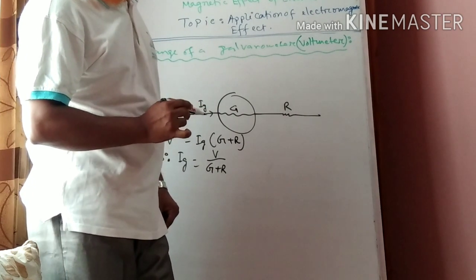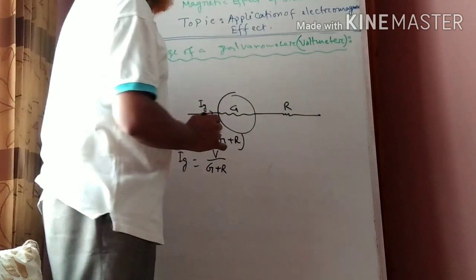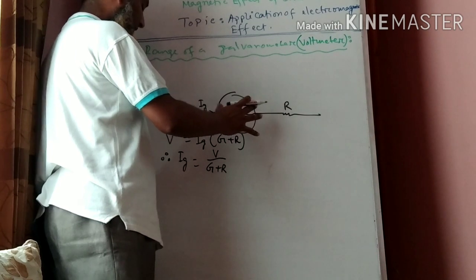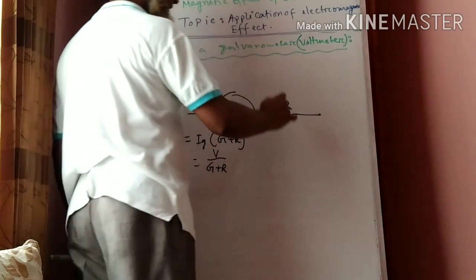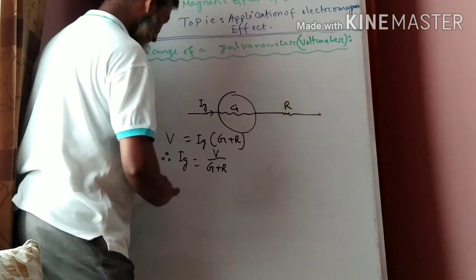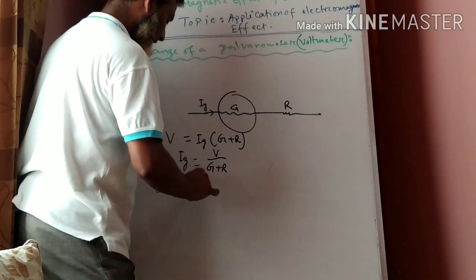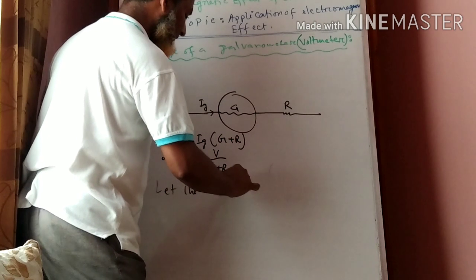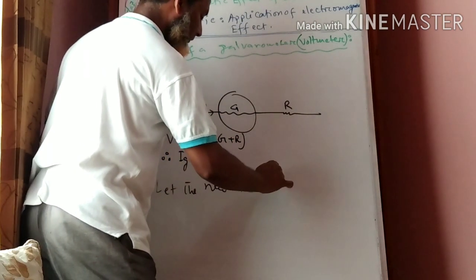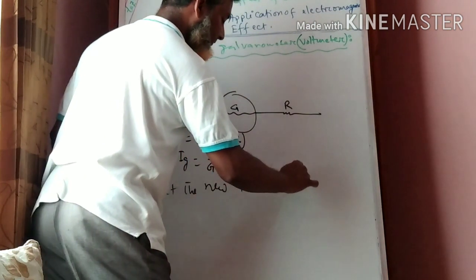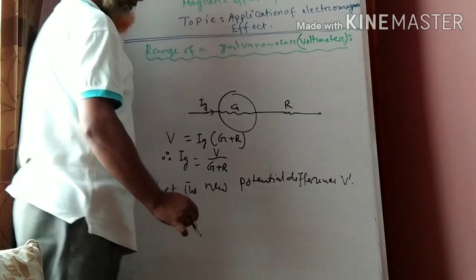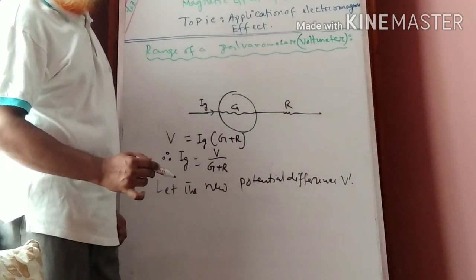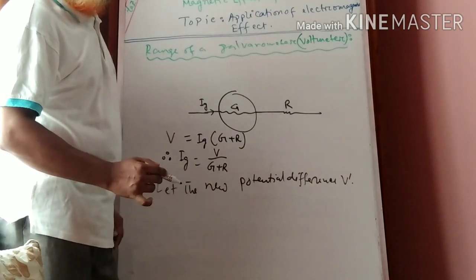Now it can measure up to V voltage. To increase this range, let the new potential difference be V prime. So what will be V prime?